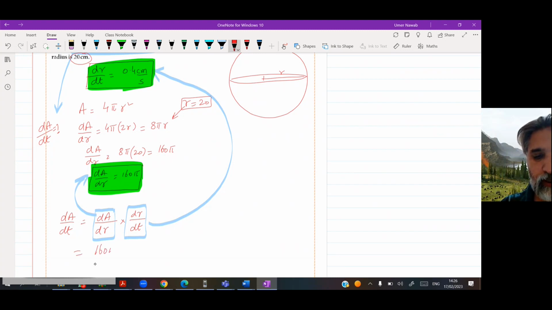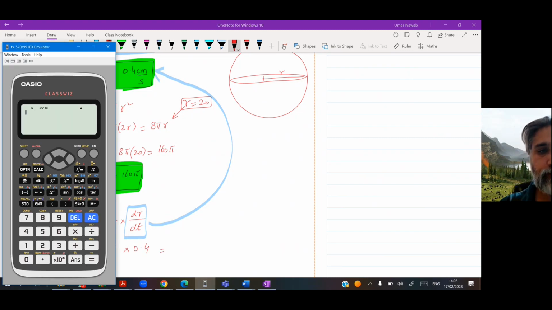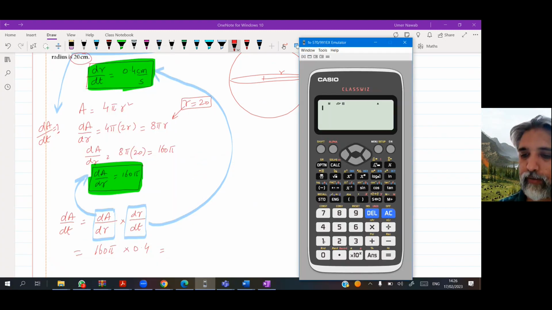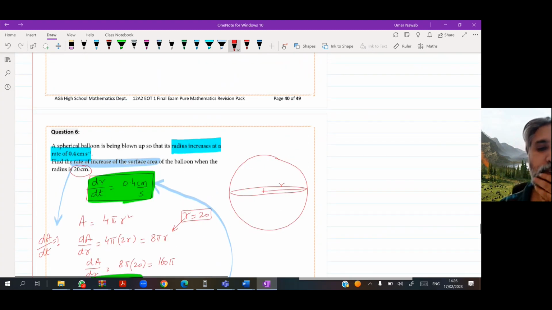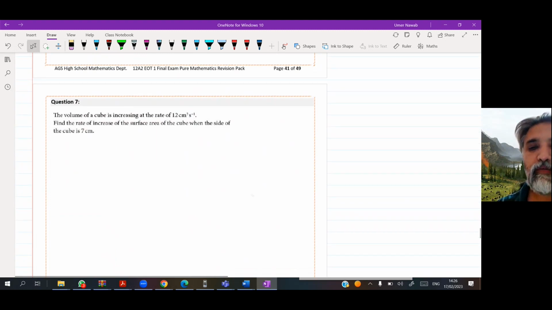This is 160 pi, and this is 0.4. Get your answers. 160 times 0.4. I got 64 pi centimeters squared per second. That is the rate of the surface area of the balloon we wanted to find. We got it.